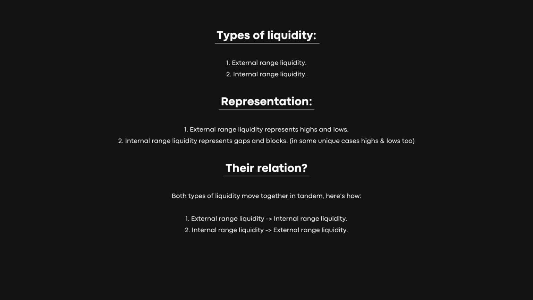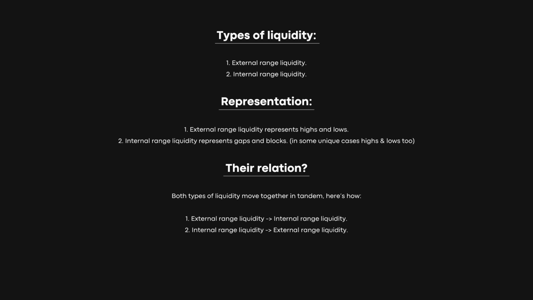And once that range liquidity is filled, price then starts moving towards the next ERL, external range liquidity, either a new high or a new low, right? And it begins its directional move towards the next external target, right? So you can think of it like a rhythm or a cycle from ERL to IRL, then ERL to IRL again, right? Price flows from external to internal, back to external, and so on.